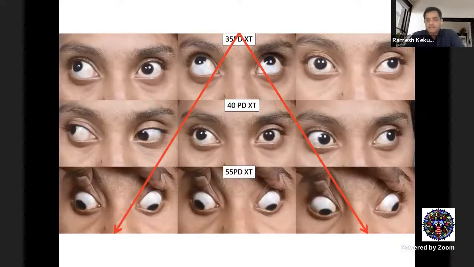As you can see, this girl had that kind of pattern where there is 35 prisms of exotropia in upgaze, which increased to almost 55. This observation, whatever I showed, takes 10 or 15 seconds before you do things. Don't directly get into the business of doing the cover test or Hirschberg reflex test.